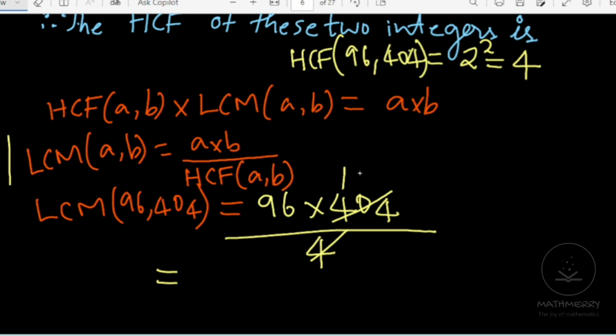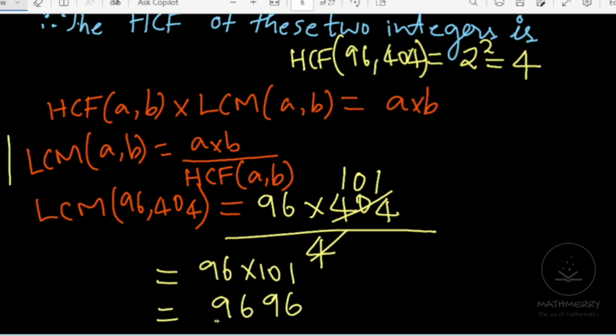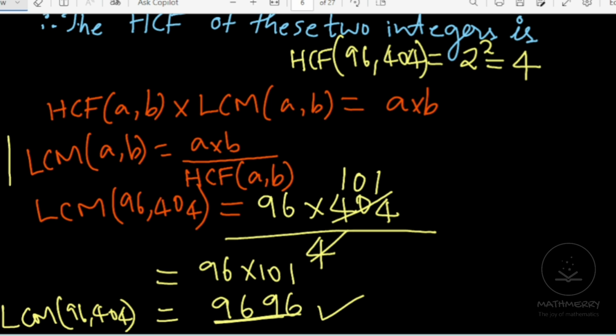We will get 101. Now 101 into 96 will be our answer. So 96 into 101 is equal to 9696. So our LCM of 96 and 404 is 9696. That's about this question.